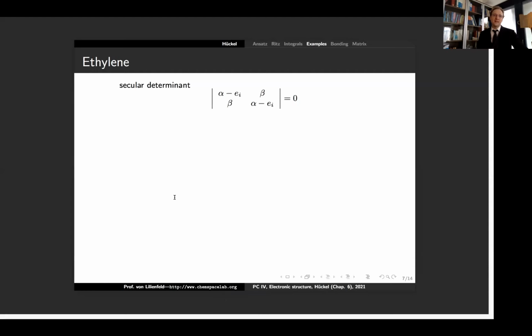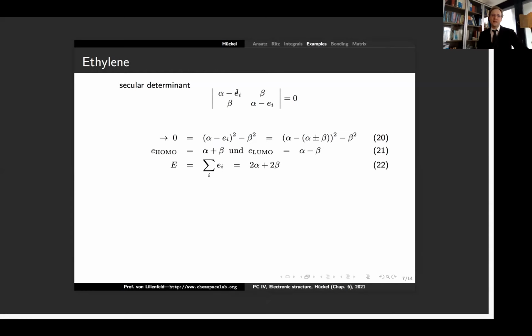And so here's the example with ethylene. We can then write our determinant like this, and then you can easily solve, and you find two solutions to this characteristic polynomial. One is the HOMO eigenvalue and one is the LUMO eigenvalue, right?